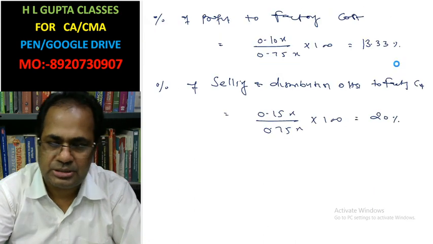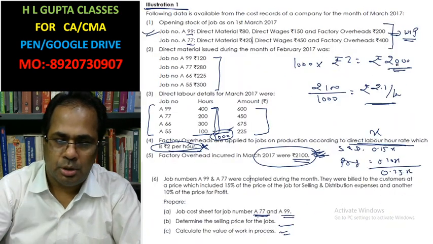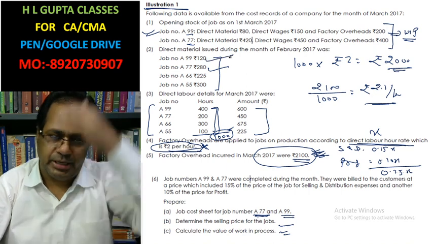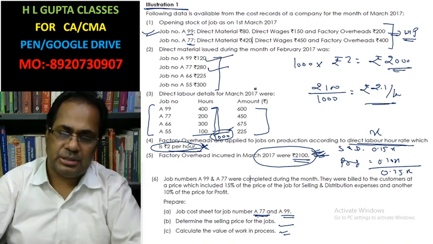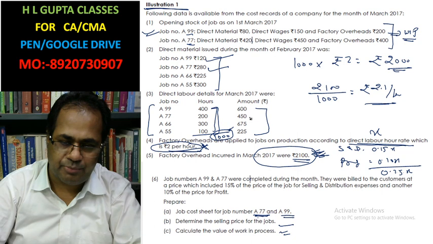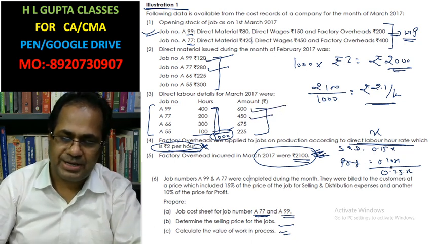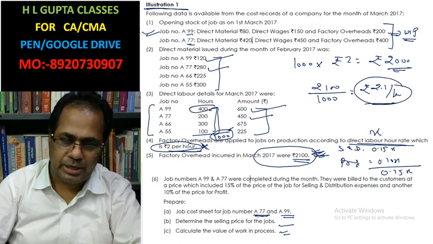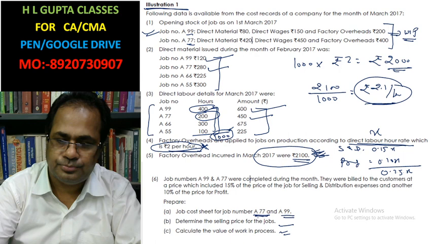This information is given here. Direct material 280 for job A99. Direct labor information is given: A77 450 and A99 600. And factory overhead at the rate of 2.1 for 400 hours and 200 hours.